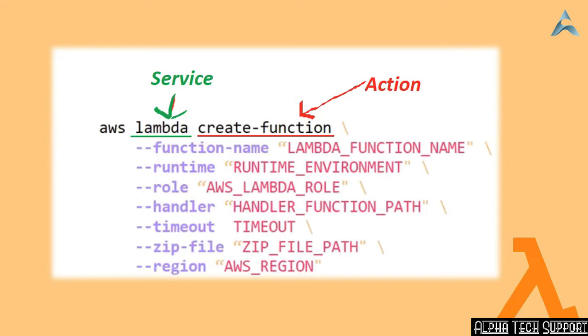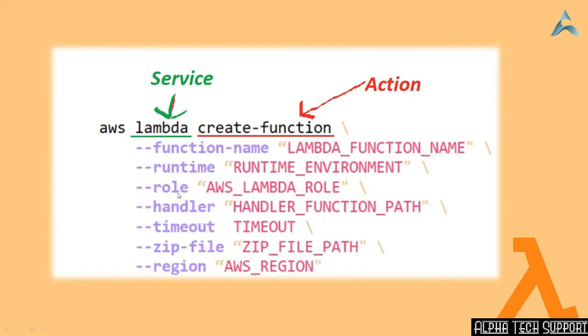So this is the page. The first thing we need to write is the aws command. Then we need to write the name of the service that we are using. For example, here we are using the Lambda service, so we write lambda. If we are using CloudWatch or Mobile Hub or any other service, we write the service name, then the action, the particular command, for example create-function.